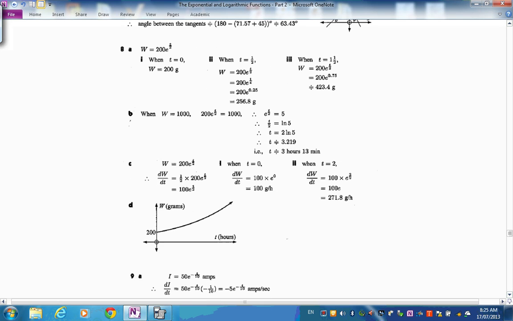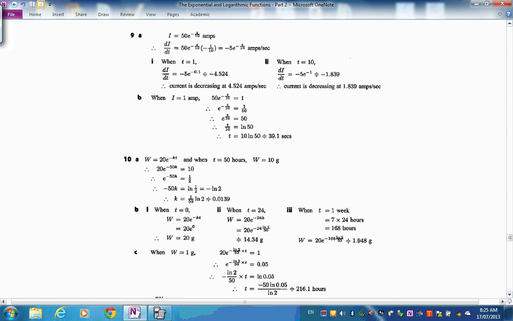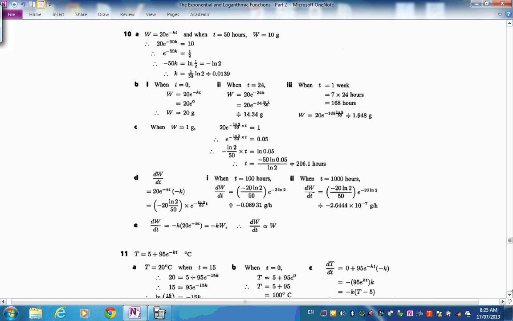Question 8. Question 9 and part of 10 there. Right, there's the whole of 10.